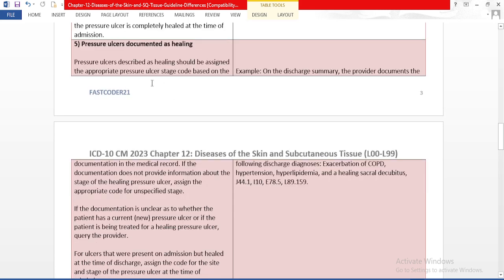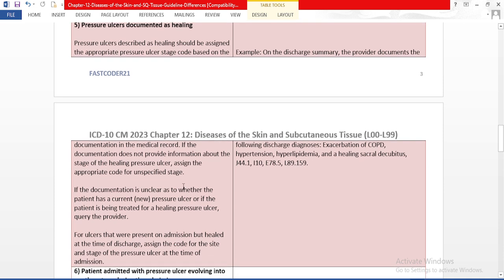So we have one more guideline here. Pressure ulcer documented as healing. When the physician documents the pressure ulcer as healing, we need to code based on the stage mentioned in the documentation. If the documentation does not have any stage, we need to code for unspecified pressure ulcer stage.